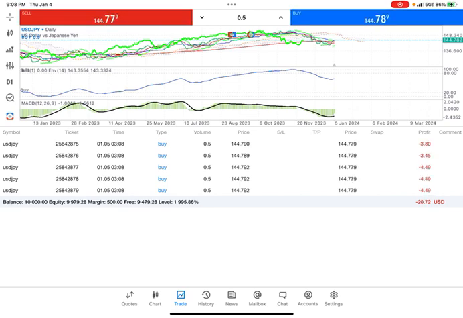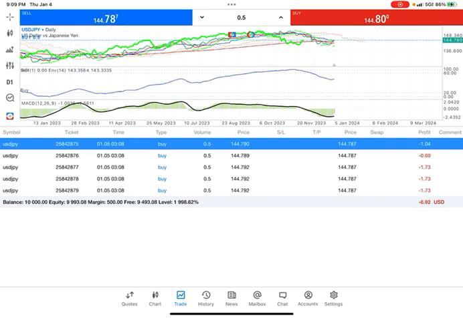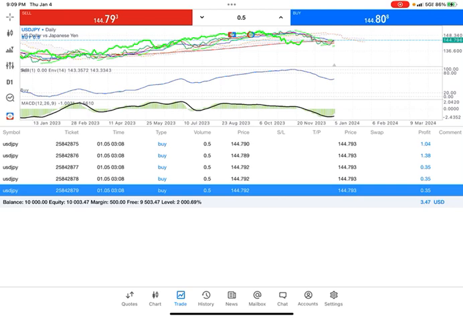And then what I'll do is I'll add 40 points. So the price that I bought is at around 144.790, which means I add 40 points, 144.830. Okay, you see it's already going up. I mean, if you feel confident, you could probably go higher. You know what I mean?